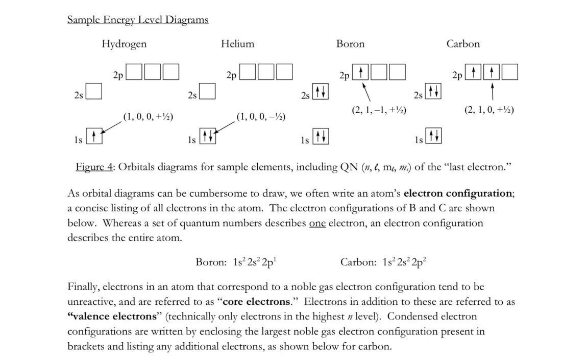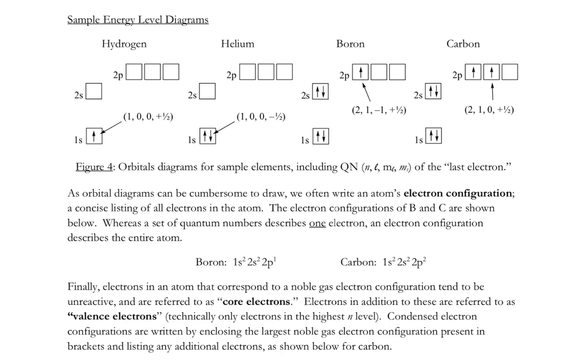Carbon, we have one more electron. And so we put it into the next 2p atomic orbital. That's applying Hund's rule. That turns out to be lower energy, having those 2 unpaired electrons in different atomic orbitals than pairing them together in the same 2p atomic orbital.